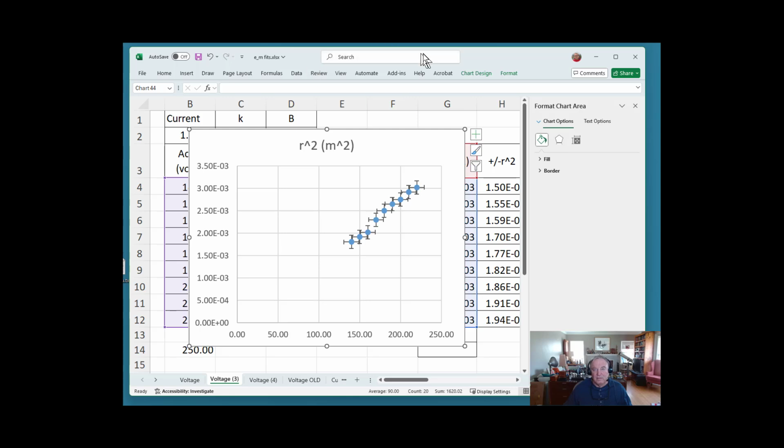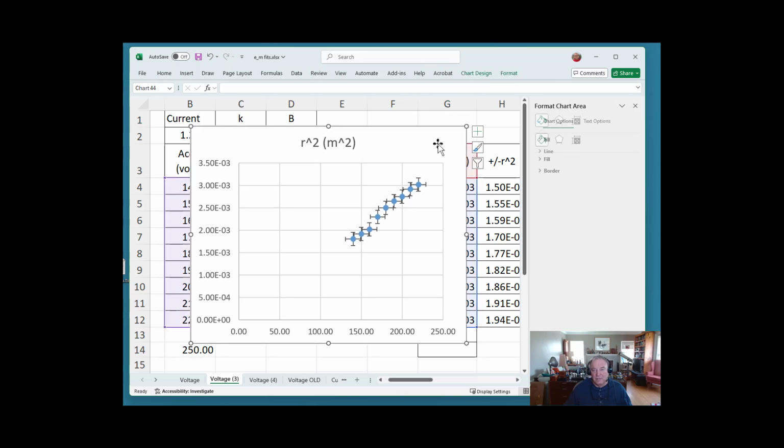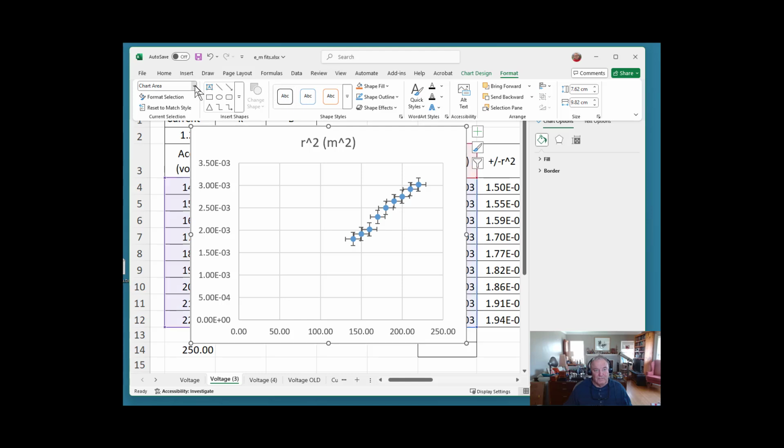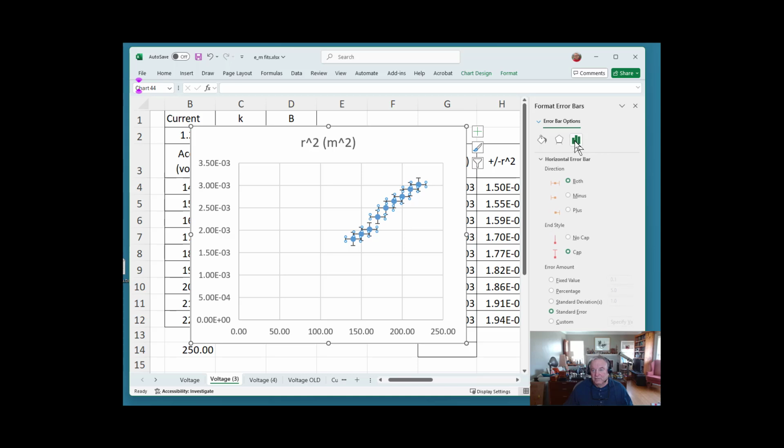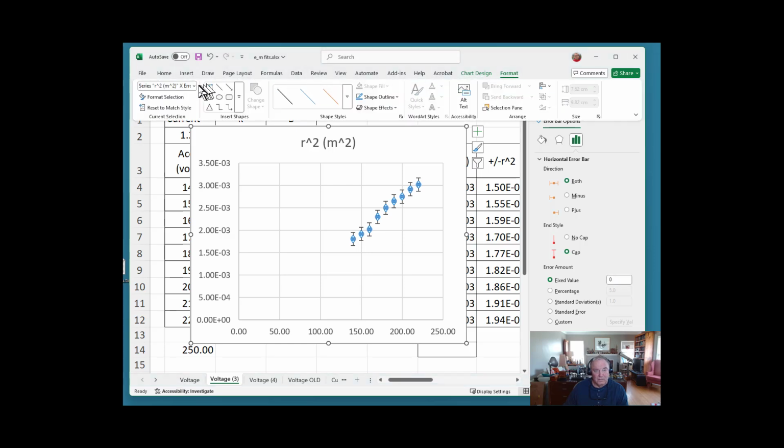And then the graph is still highlighted. Now it's highlighted, and we get these two extra menus. So I want to format the X error bars. First of all, fixed value of 0. And they disappear. And then we want to do the Y error bars.